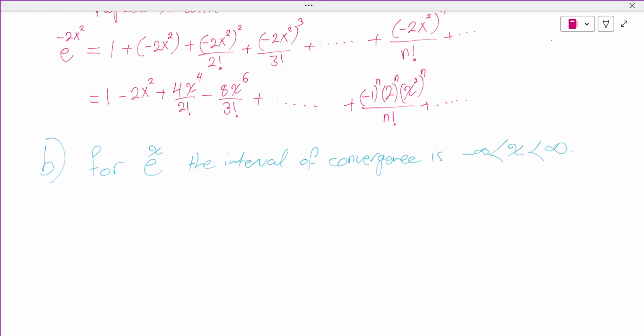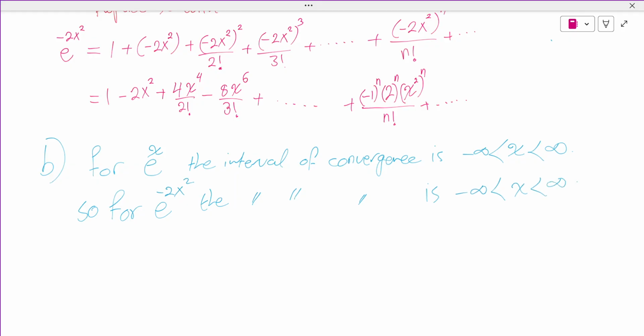So for e to the power of minus 2x squared, the interval of convergence is from negative infinity to infinity. It will be the same.